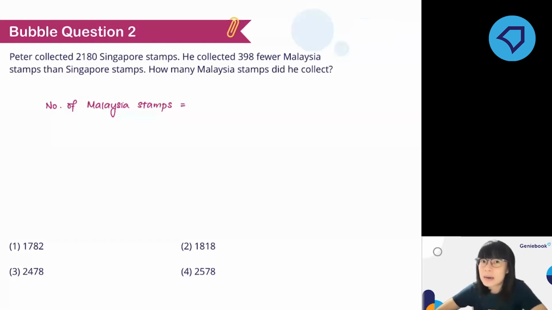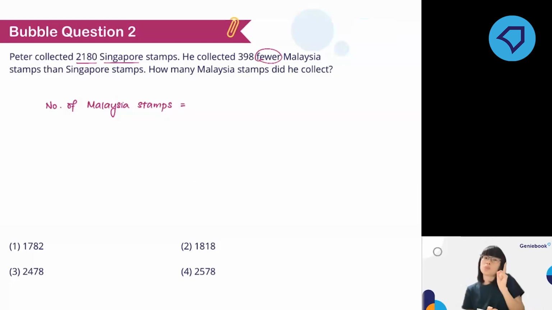To find the number of Malaysia stamps, he collected 2,180 Singapore stamps. He collected fewer Malaysia stamps. So we need to do subtraction. See, you need more time. The next one, I'll give you more time, okay? So apologies if this one is a little bit too short. All right, so let's take a look together, okay? Let me explain and then we'll go on to the next question.